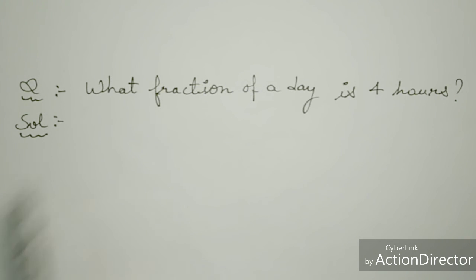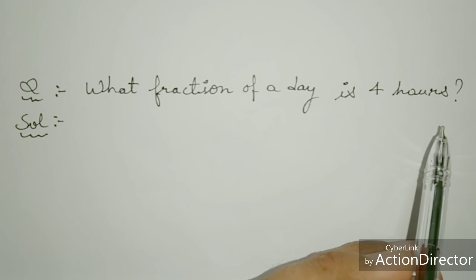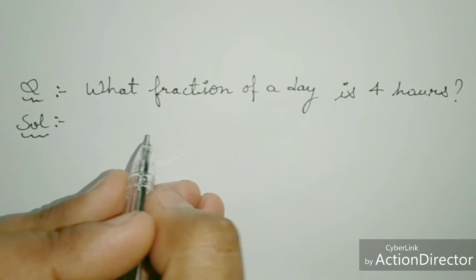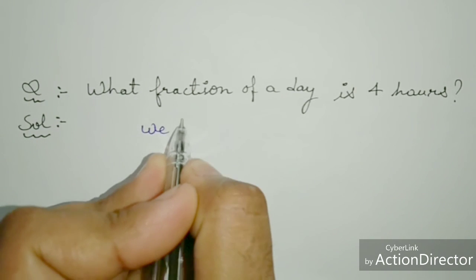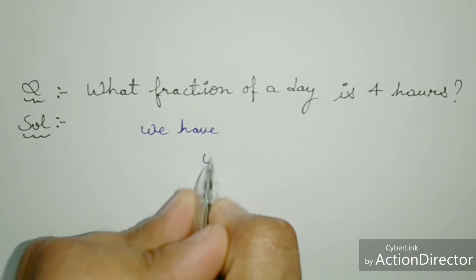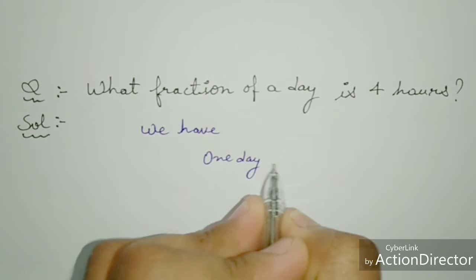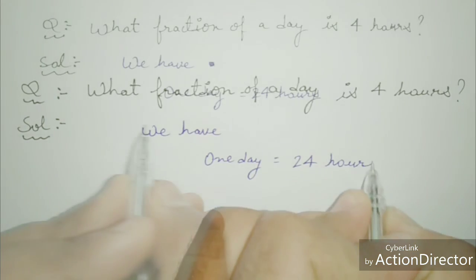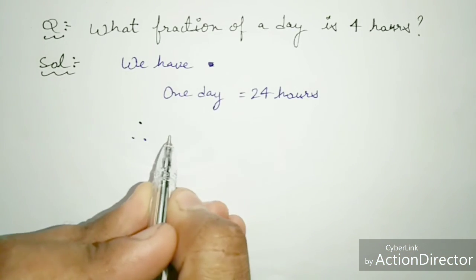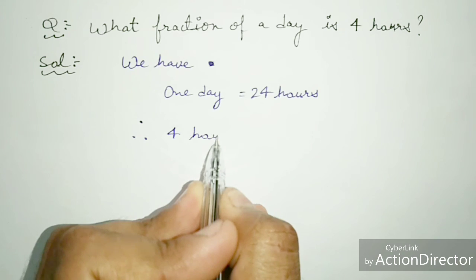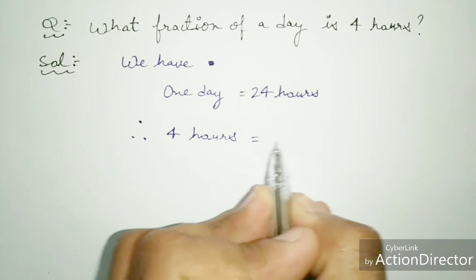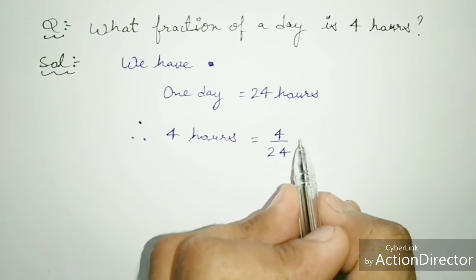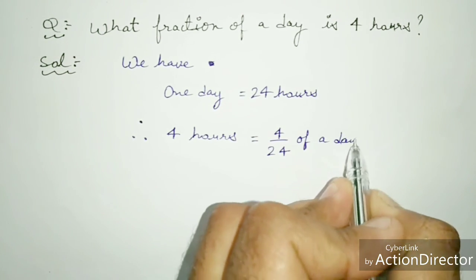Next example, what fraction of a day is 4 hours? So we have 1 day equal to 24 hours. 4 hours equal to 4 upon 24 of a day.